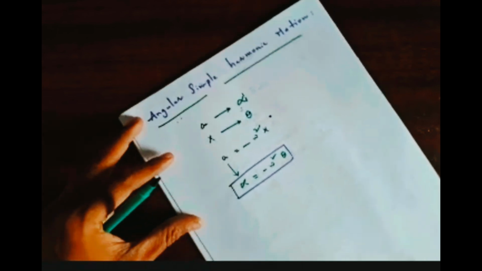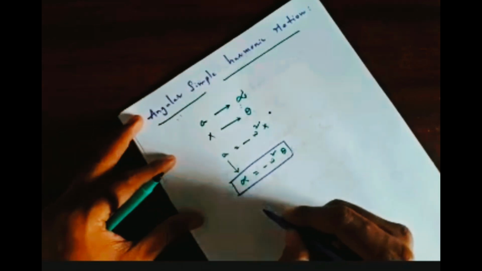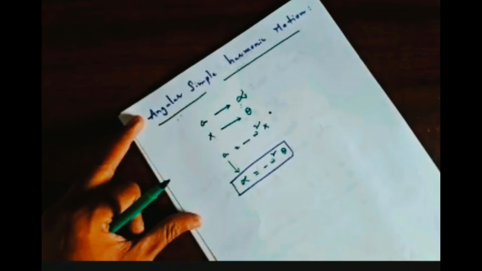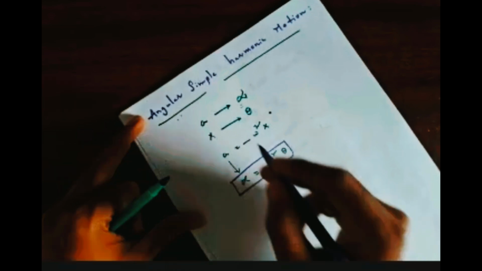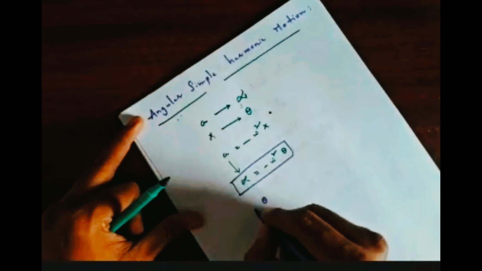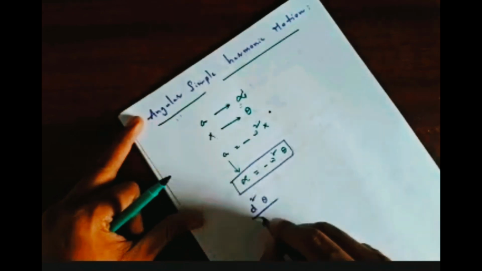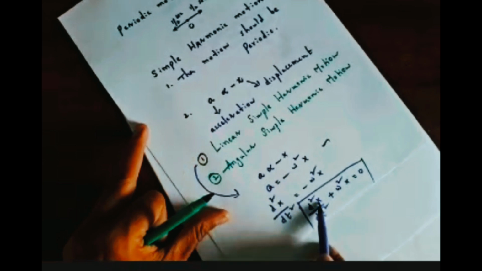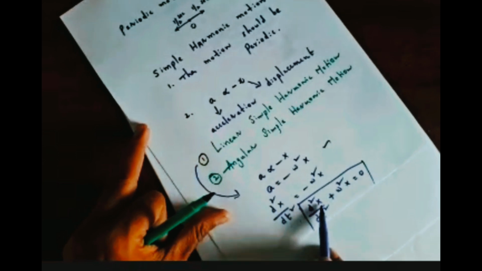Okay, now previously we considered that the displacement differentiated two times gives the acceleration, in the last topic, linear simple harmonic motion. Now in this topic it is clear that the angular displacement theta differentiated two times gives d square theta by dt square. Previously we had d square x by dt square, where x is the linear displacement; x is replaced with theta, that is the only modification here.